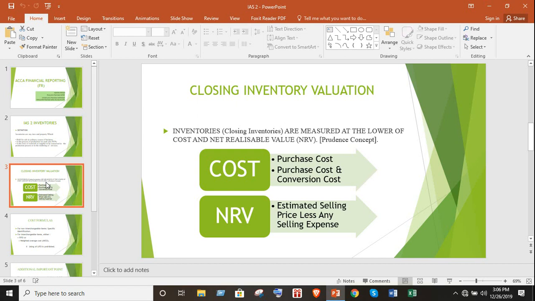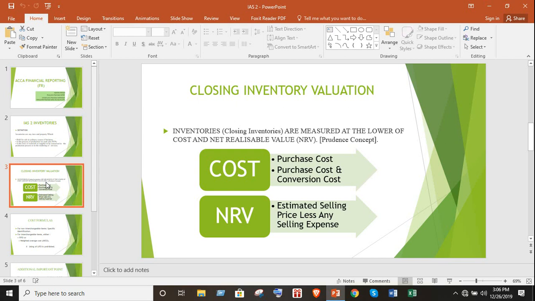If the business is in the retailing industry, then the cost will be the net purchase cost. Net purchase cost means the purchase price less any trade discount or rebate.